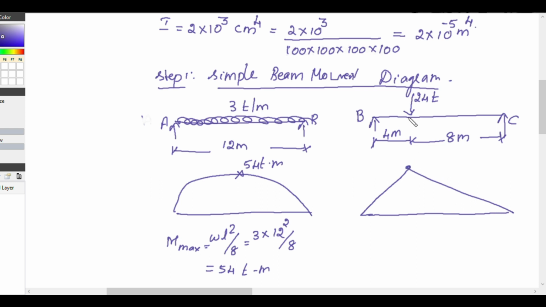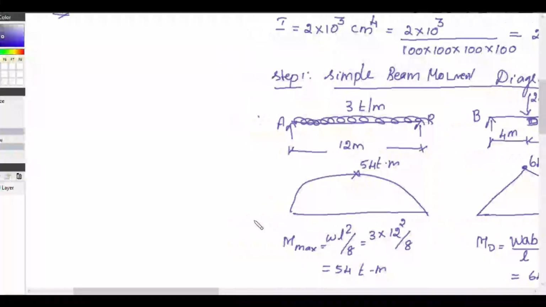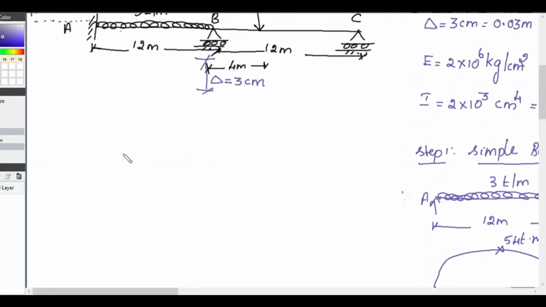We will take this as D. Maximum value will be at the point where the point load acts. So our MD will be equal to WAB by L. So W is 24 multiplied by A is 4, B is 8 divided by L is 12. So we get MD is equal to 64 tons meter. So here it is 64 ton meter. Now we will draw the simple beam moment diagram.